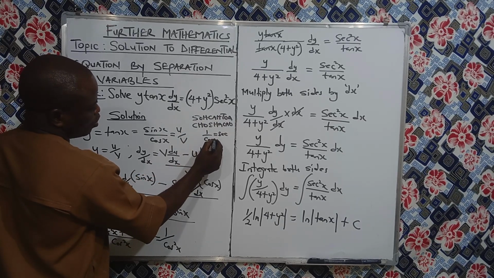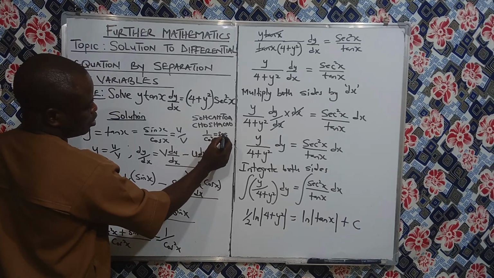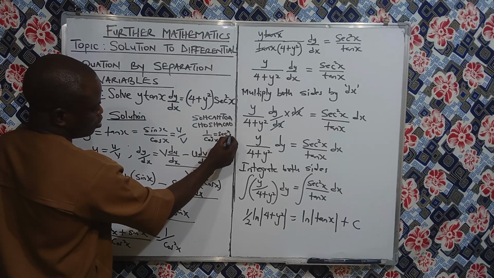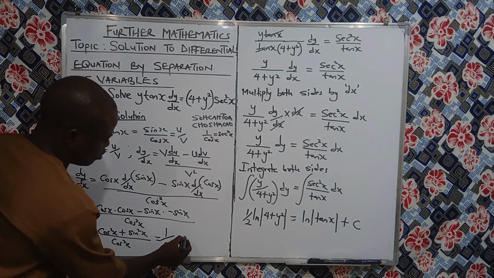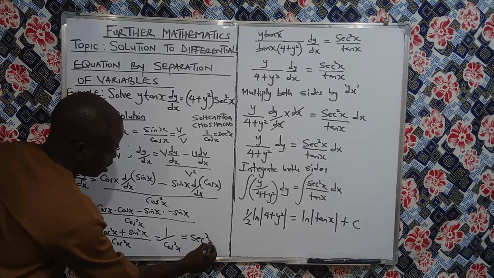And since you're having 1 over cos squared x, it means we are squaring the cos, so you're going to square the sec also. That's why it will now be equal to sec squared x.